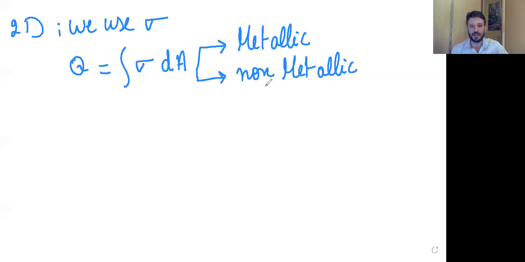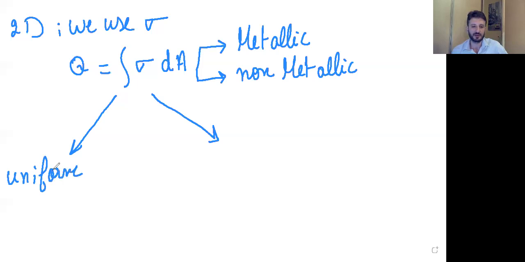Here we have a uniform or non-uniform distribution of charge on the object. In the case of uniform, like in the case of lambda, I mean for each element, for example an element like this, we have the same quantity of charge.